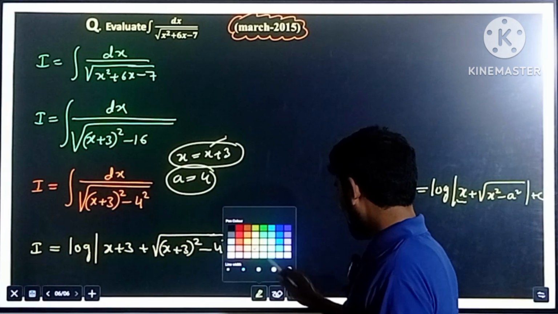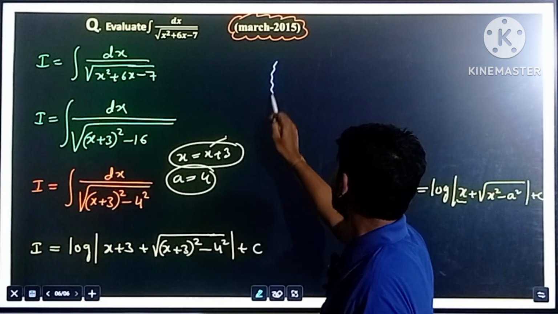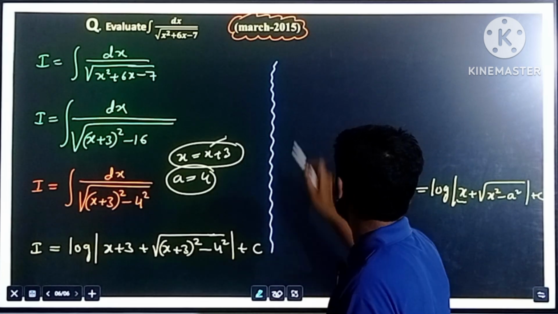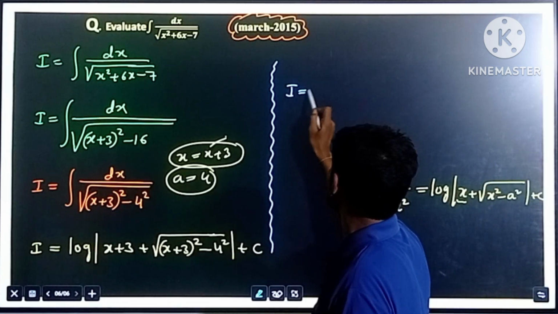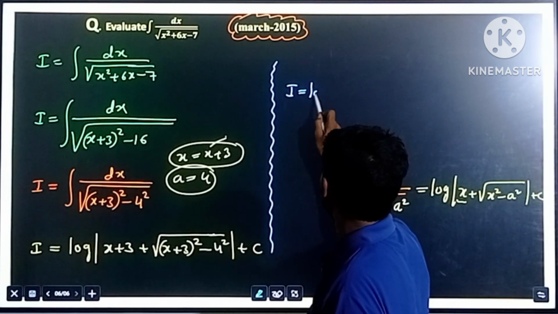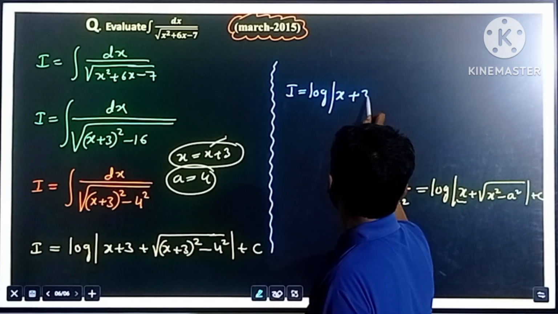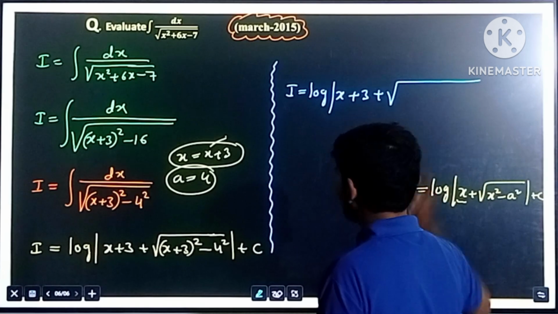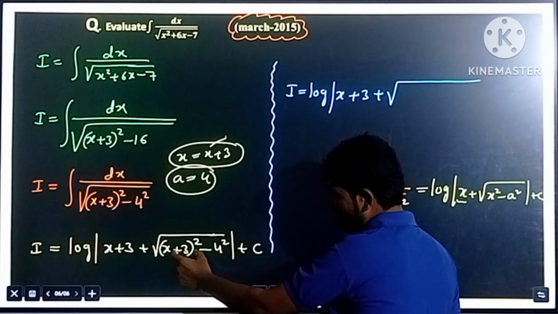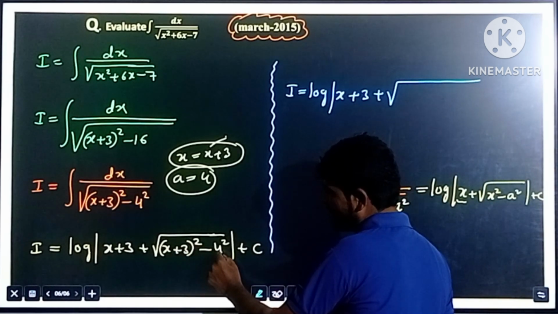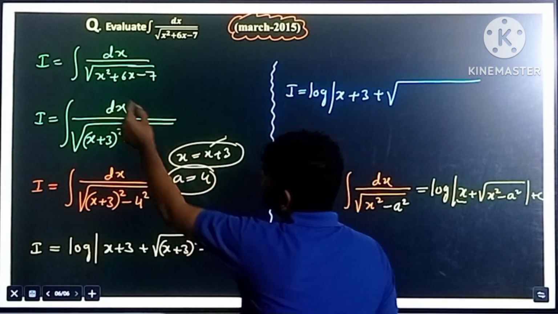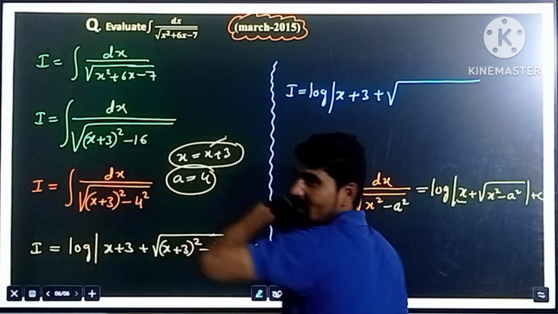And one more thing, the final answer for this integration problem is I equals log of x plus 3 plus square root of, see here, (x plus 3) whole square minus 4 square, which is equal to x square plus 6x minus 7.